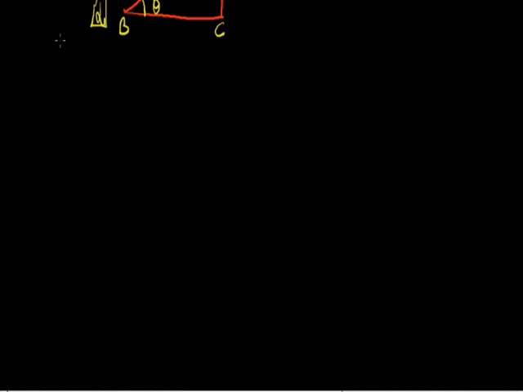So for mechanical advantage we have to calculate input and output. Input is equal to work done on the inclined plane. Input is equal to effort into length of inclined plane, that is AB, and output is equal to load, that is capital L, into vertical height, that is AC.